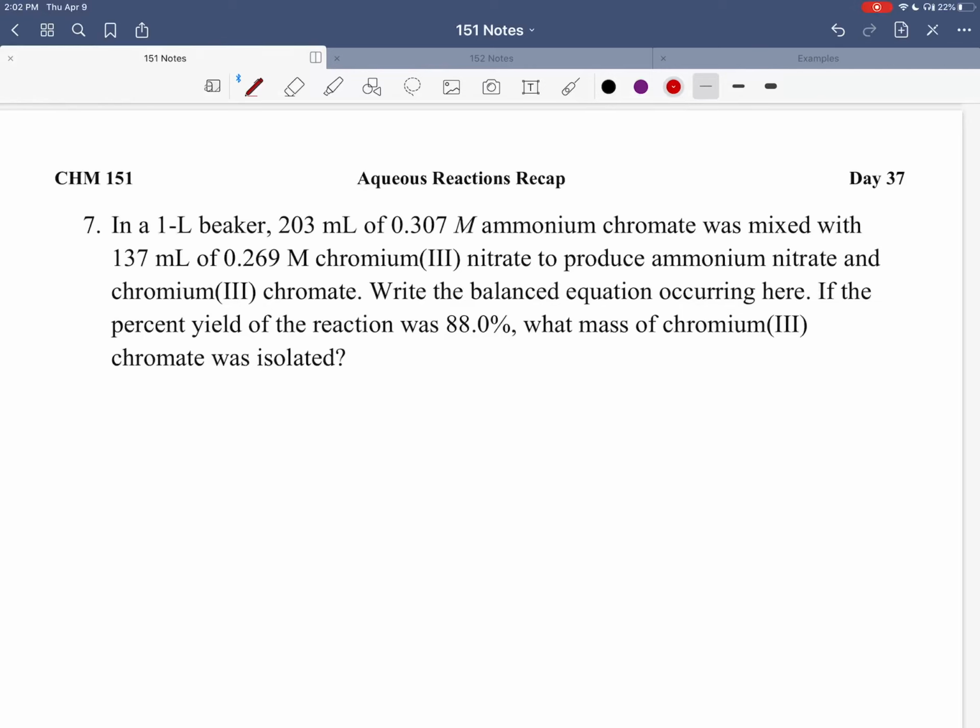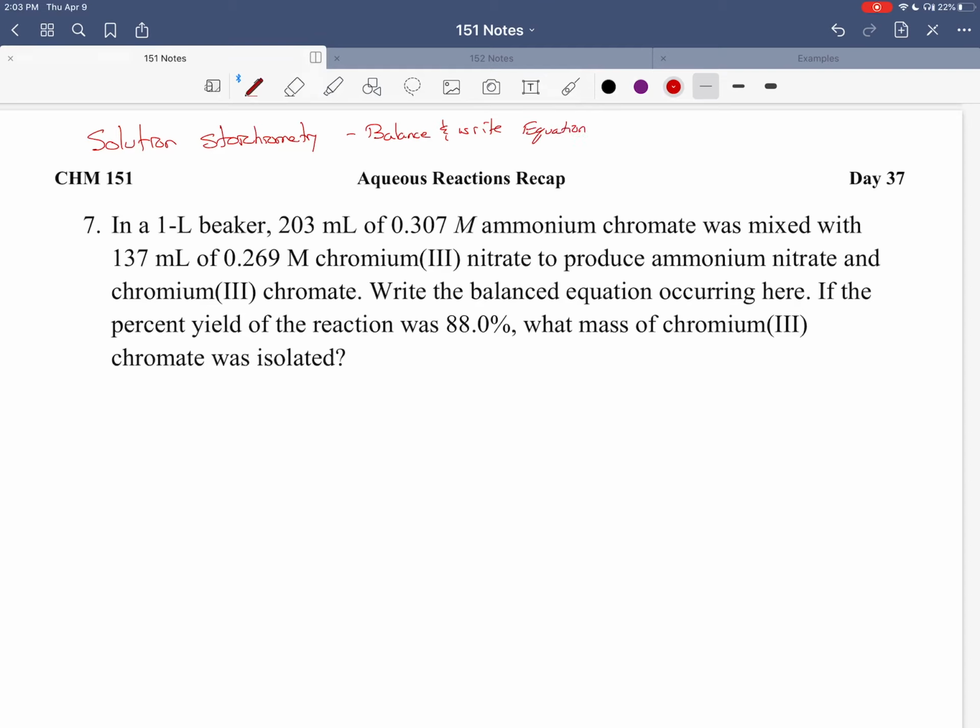Day 37, number 7. Now, number 7 is solution stoichiometry, where you have to balance and write the equation.